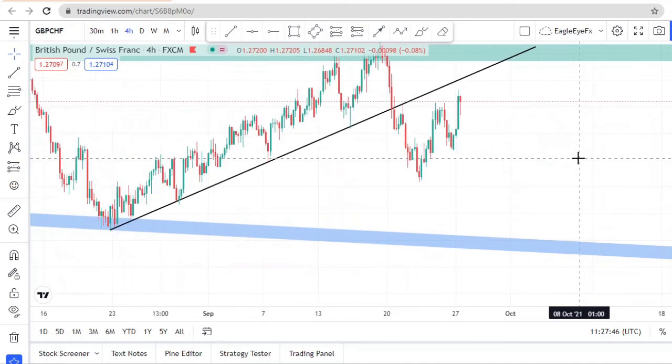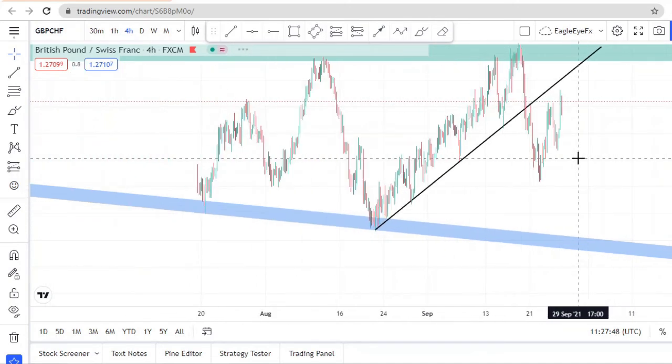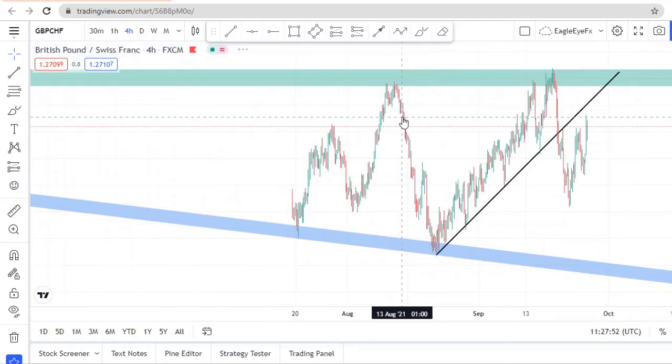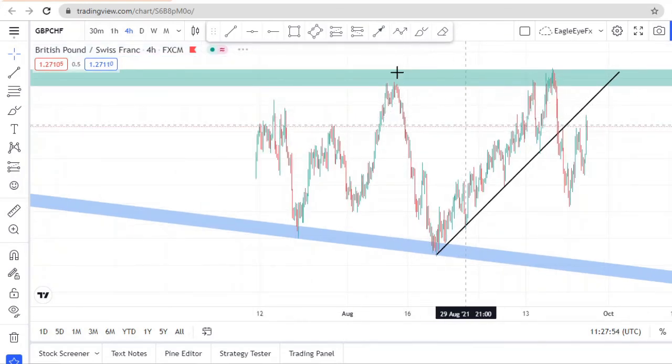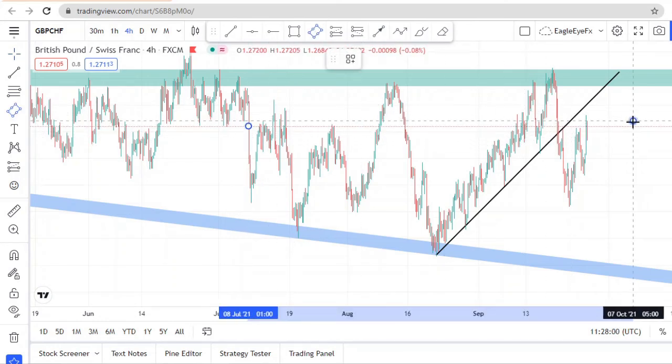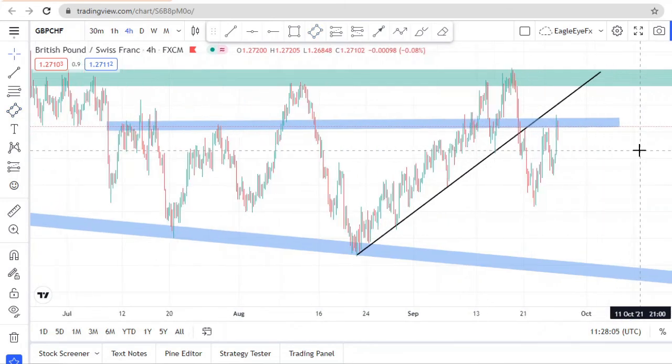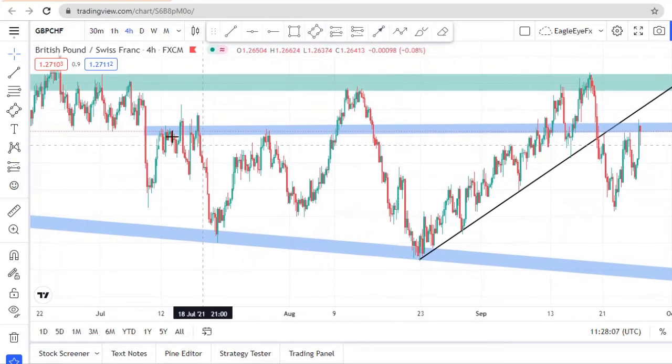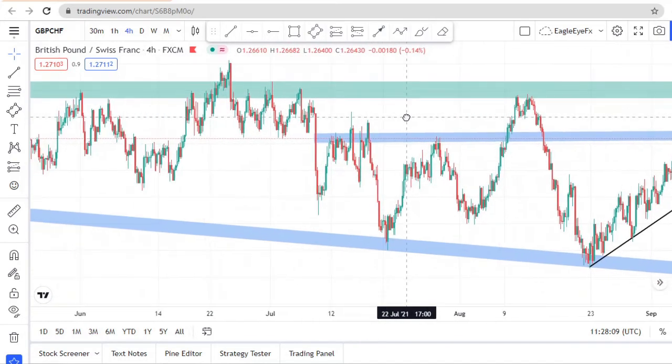So on the 4-hour time frame, you can see something interesting here, and I would like to draw this level over here, because I see some sort of rejection here.